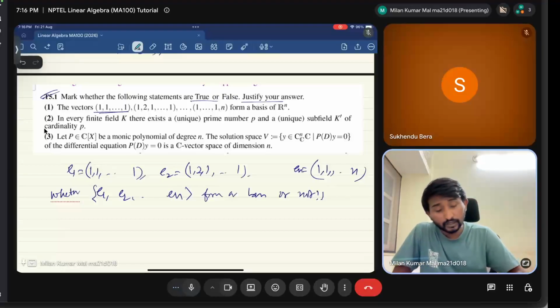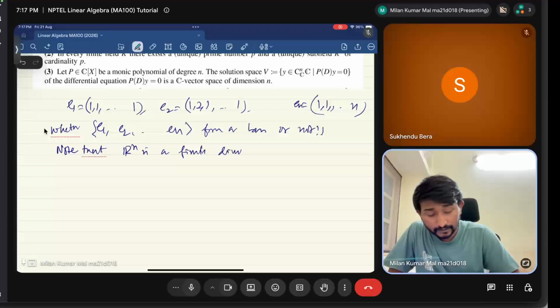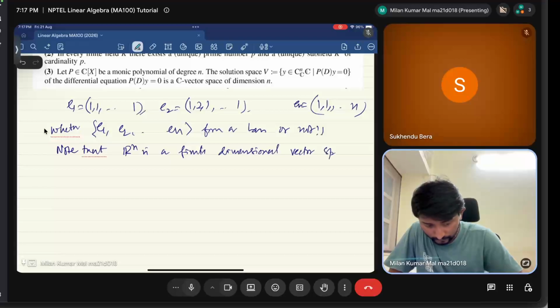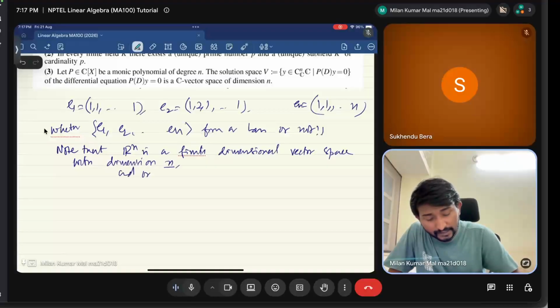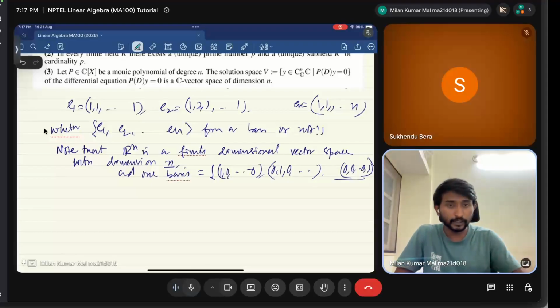And first of all, note that R to the power n is a finite dimensional vector space with dimension n, and one of the bases consists of (1, 0, ..., 0), the next one is (0, 1, ..., 0), all the way, and the last one will be (0, 0, ..., 1).